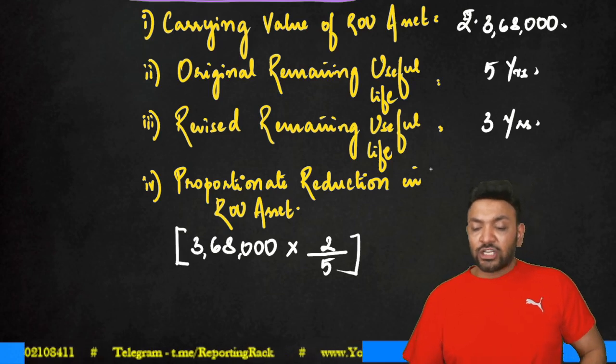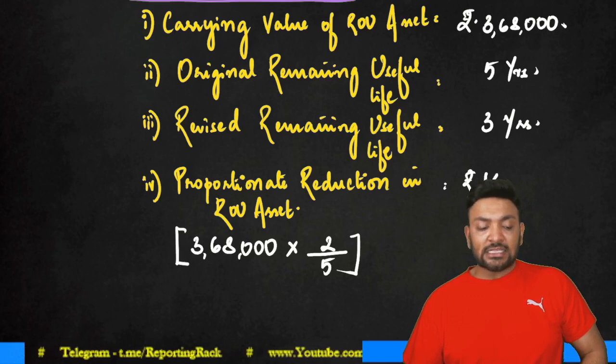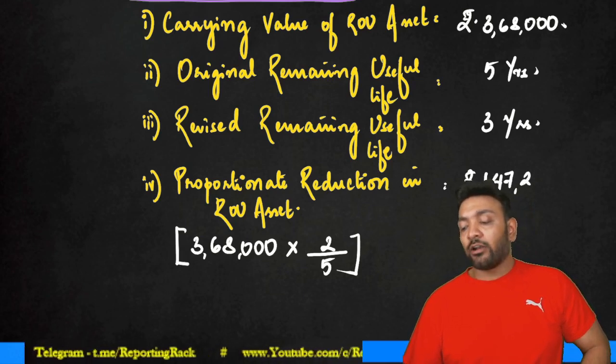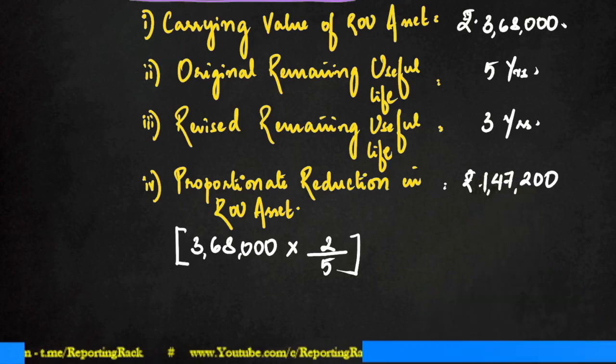The amount of reduction would be 1,47,200. Check this computation. This is the proportionate decline in the value of ROU asset because your lease term is reduced to only 8 years from 10 years. The reduction is 2 years. So proportionately reduce the carrying value of ROU asset.